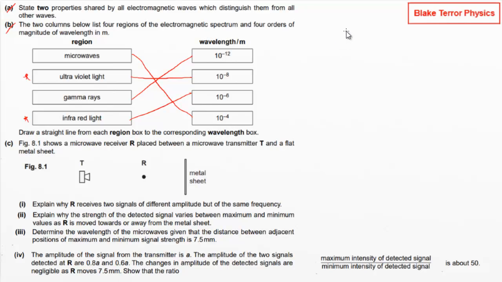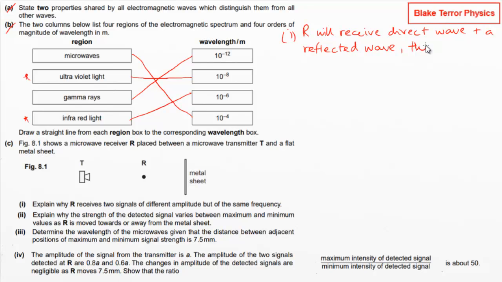R will receive the direct signal, a direct wave, and a reflected wave. That's 2 things, so that's why it gets the 2 signals.